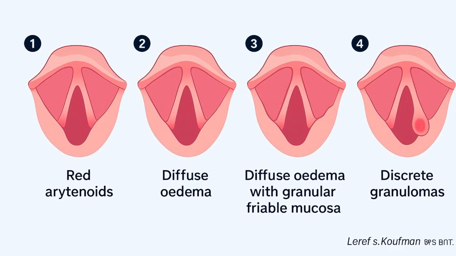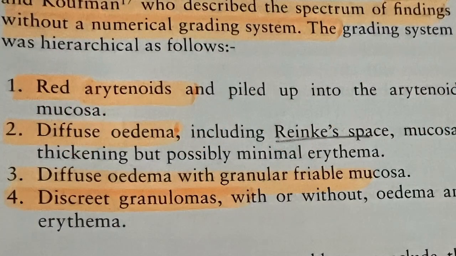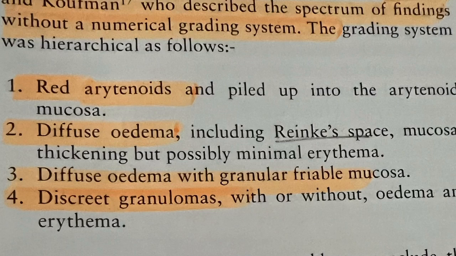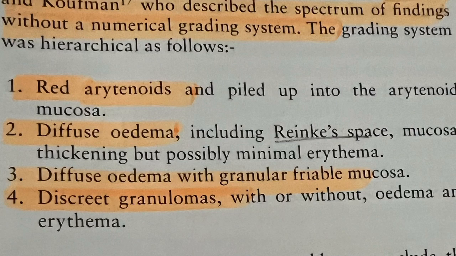There are multiple discrete granuloma around the larynx, but they may be with edema or without edema. This grading reflects progressive mucosal injury due to reflux and irritation in chronic laryngitis. Early stages show erythema and edema, while advanced stage develop granulomatous lesions such as contact granuloma.